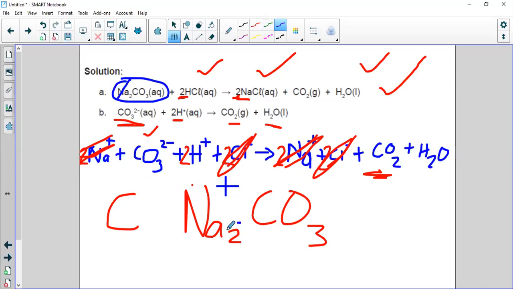And there are 2. If there are 2, it means the positive becomes 2 plus. Because each sodium is giving a plus. So you're going to have 2 plus. So the CO3 is your non-metal side. So it must balance that charge with an opposite one. So if this one is 2, it means this one must also be 2. And it must be a negative. So that's how you get that.